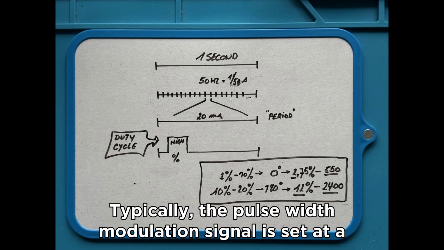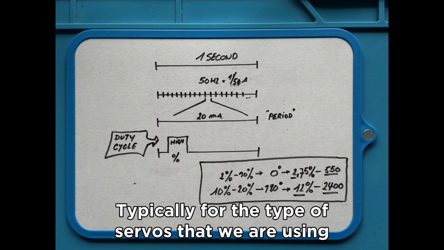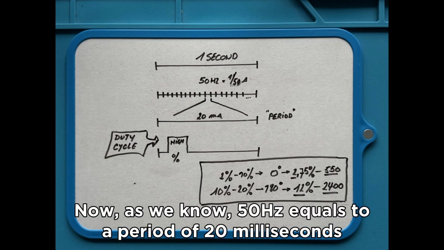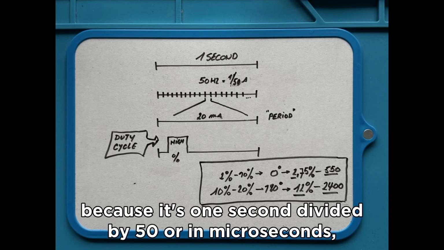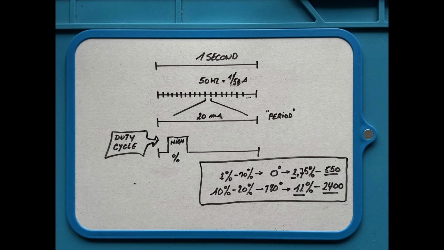Typically, the pulse width modulation signal is set at a frequency of 50 Hz, for the type of servos that we are using in our projects. Now, as we know, 50 Hz equals a period of 20 milliseconds, because it's 1 second divided by 50. Or, in microseconds, that is 20,000 microseconds.